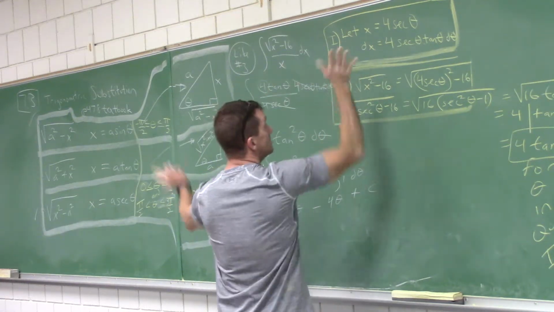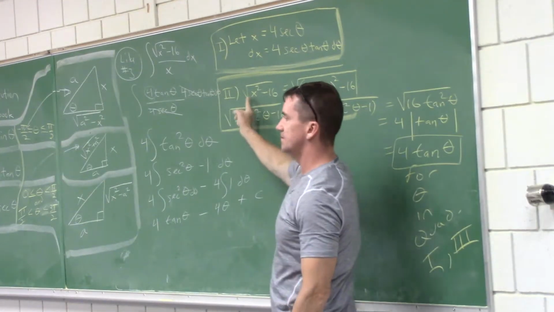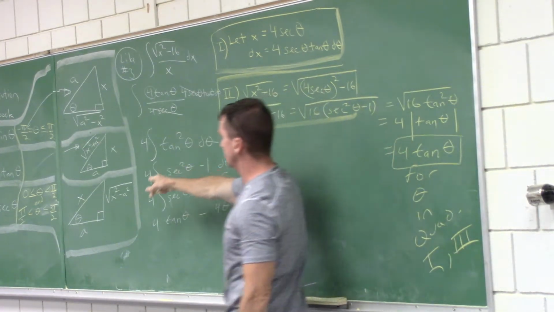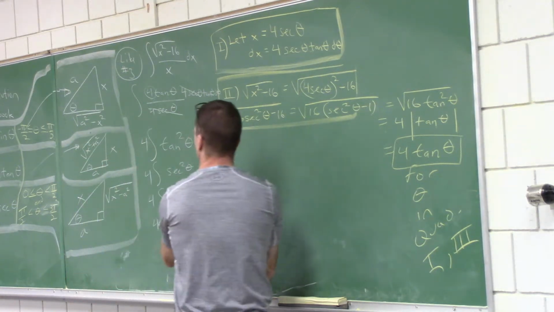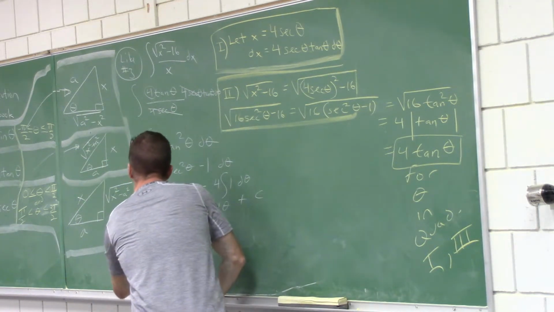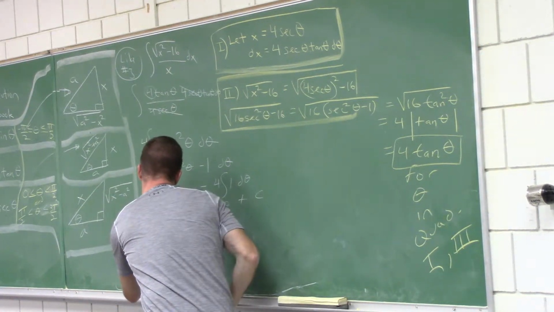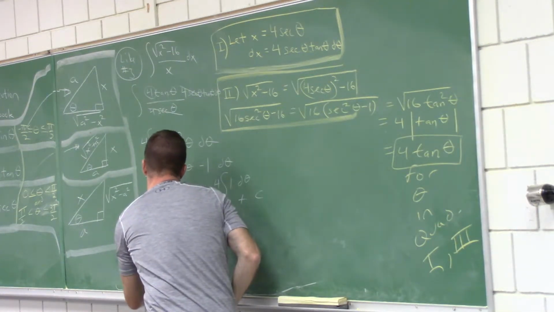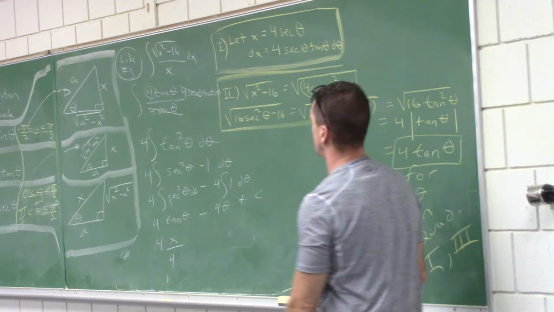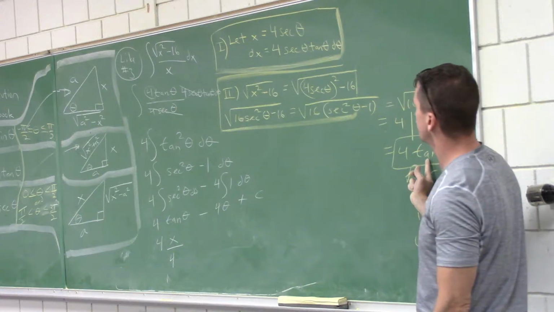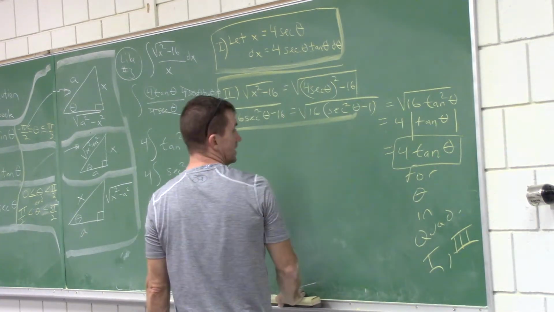Where's the triangle? You might see it right there, but you might just look at the triangle. So what do we have here? 4 tan theta would be 4 times the square root of x squared minus 16 over 4, right?